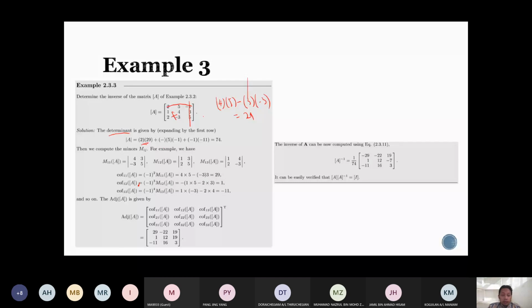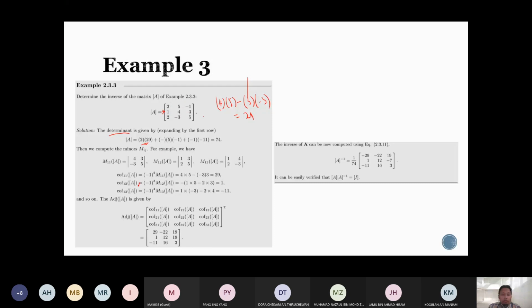To find the determinant, you can also choose a different column or row. If you don't want to use the first row, you can use the second row. How to do that? You just tutup ni and then cross multiply ni, and then repeat plus cross multiply.